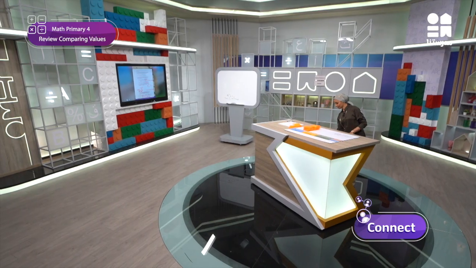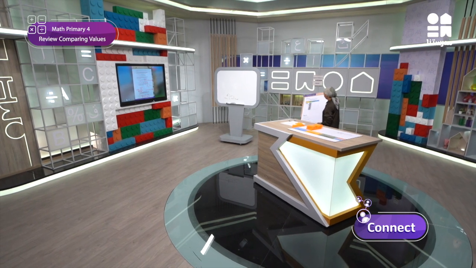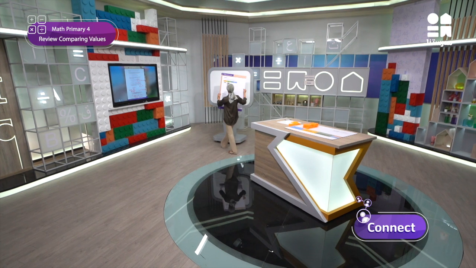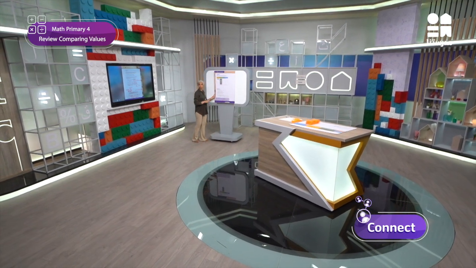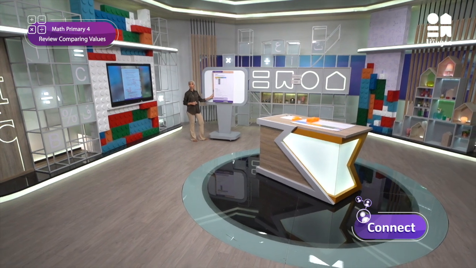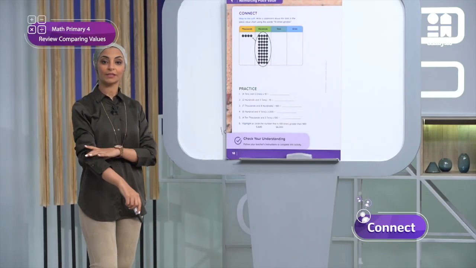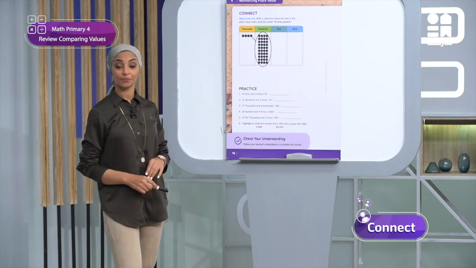Let's see the connect. Here, I'm sure all of you have written a statement about the dots.